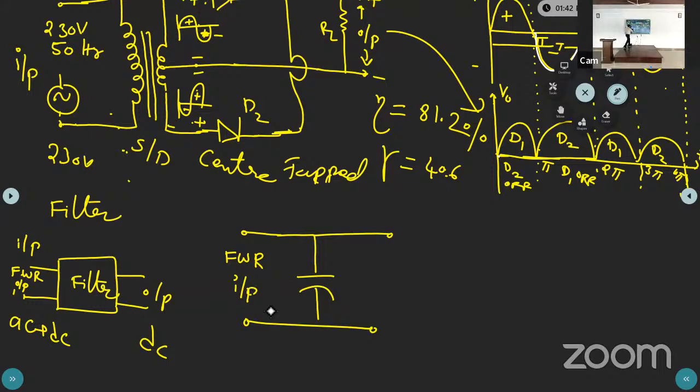Okay, what is the output here? We are connecting the full wave rectifier, this.